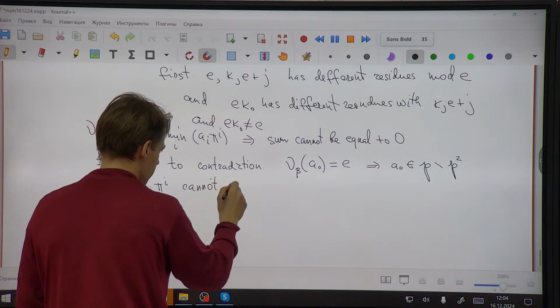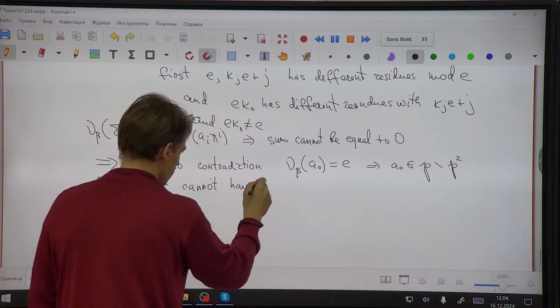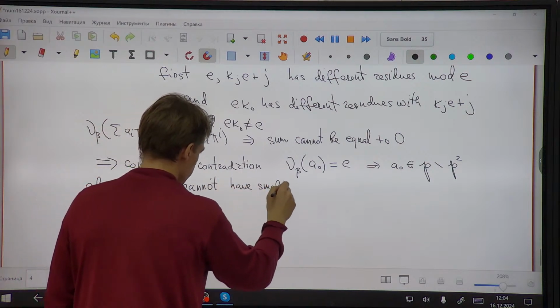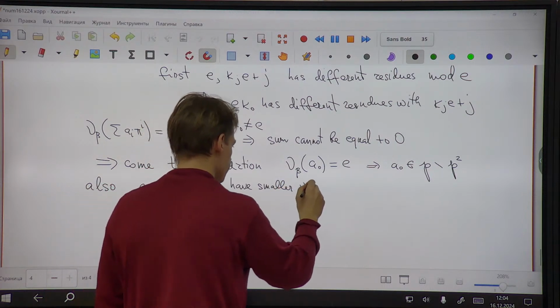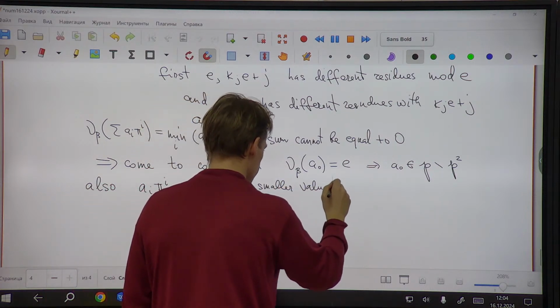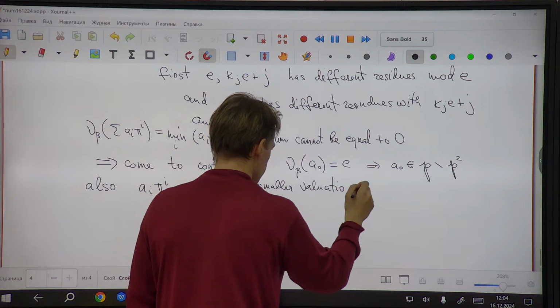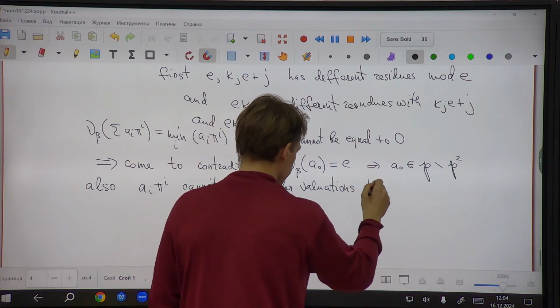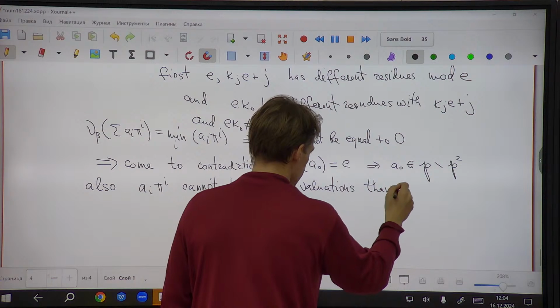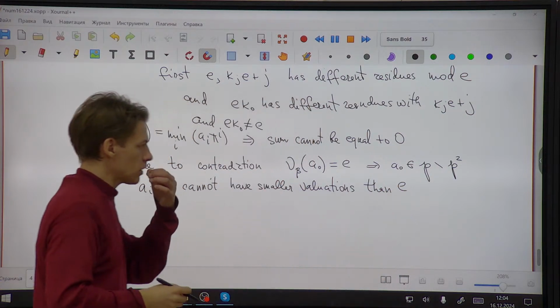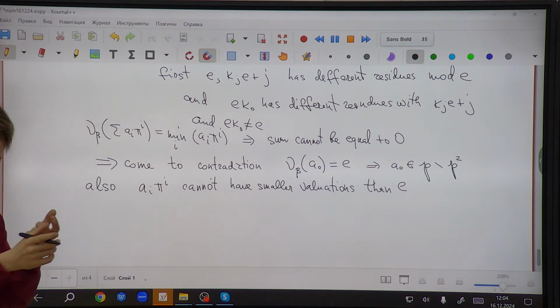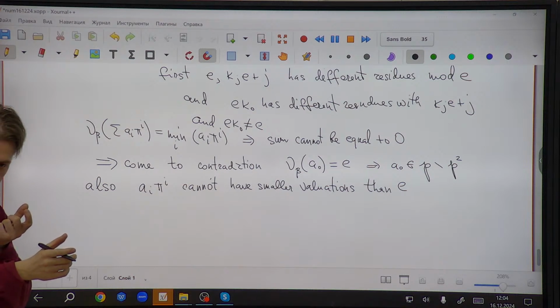So they cannot have smaller valuation than E, because otherwise they cannot cancel together.